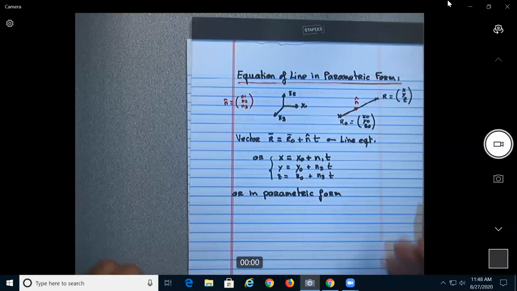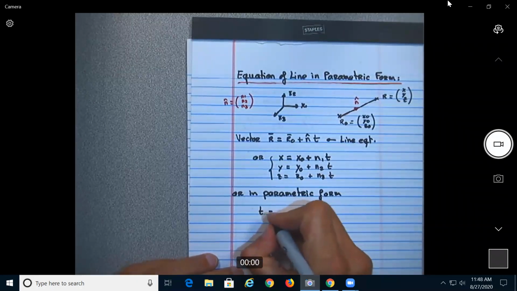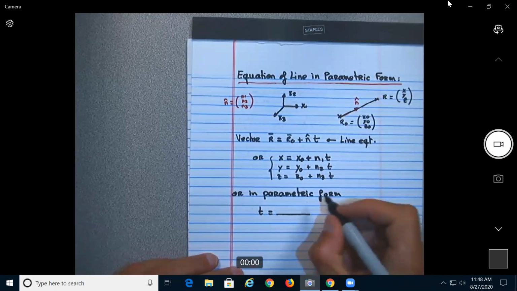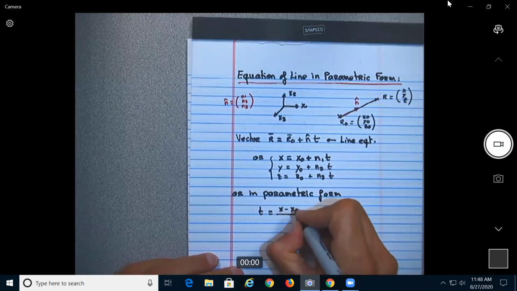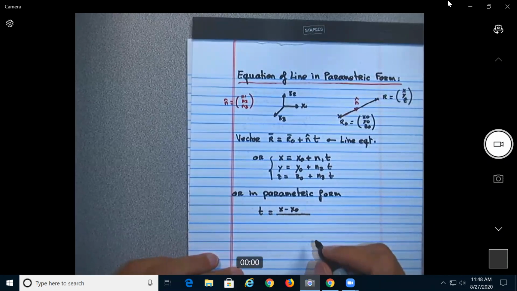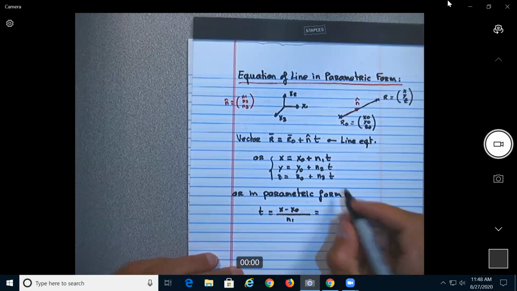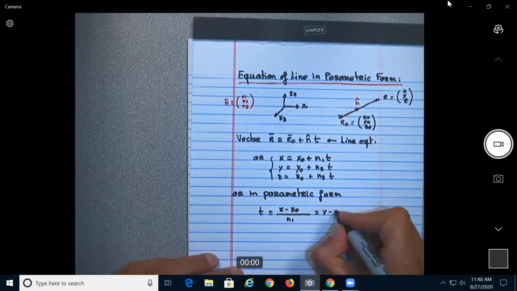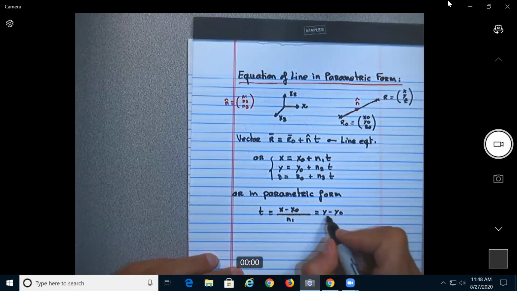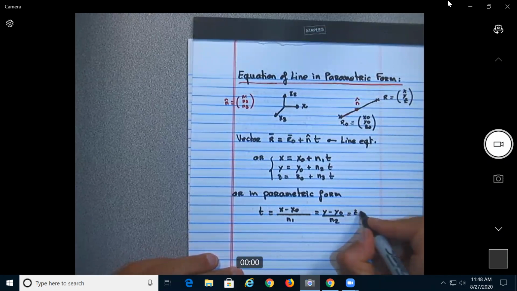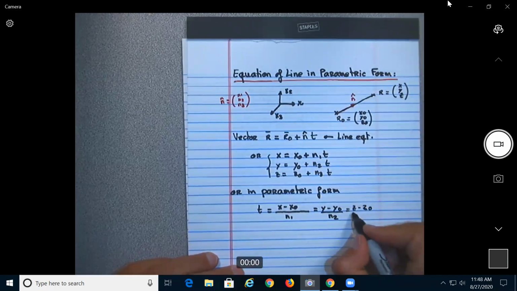So if you look at the first equation, t will be equal to x minus x sub naught divided by n1. Or this will also be equal to y minus y sub naught divided by n2, or z minus z sub naught divided by n3.